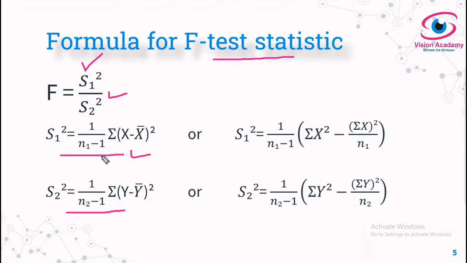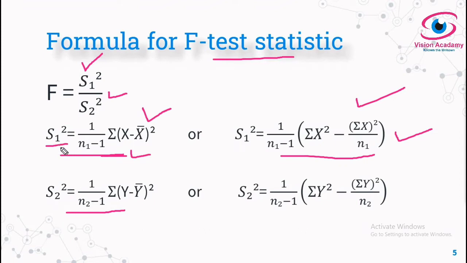By doing this, we can obtain the sample variance, or we can also use another formula in its place, for computational simplicity: 1 by n1 minus 1 into summation x square minus summation x whole square divided by n1. The same formula applies for the sample variance of population 2 also.